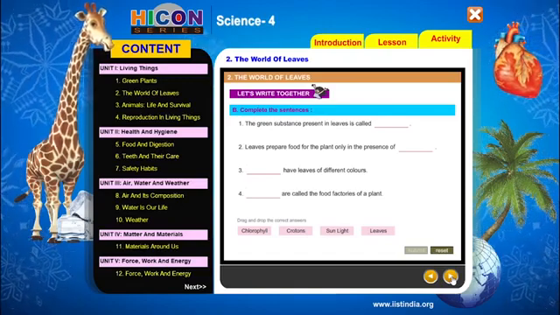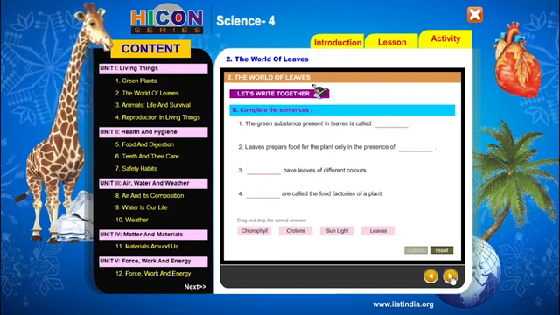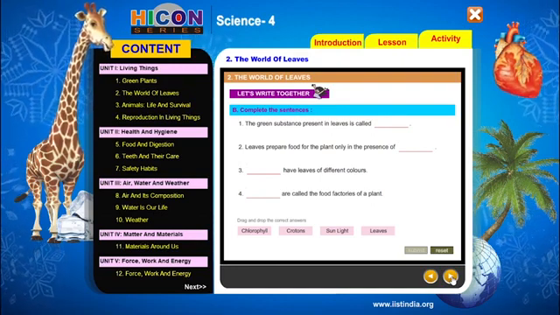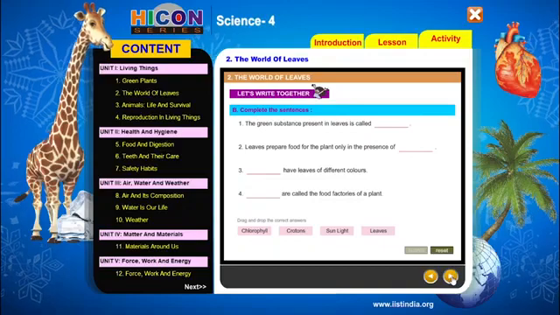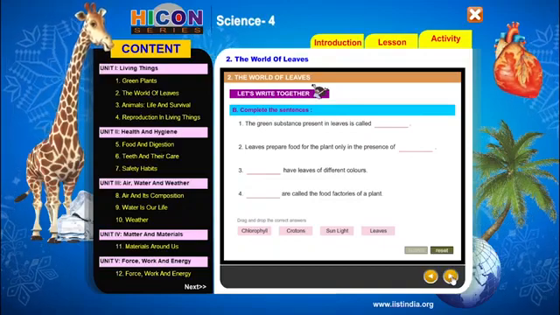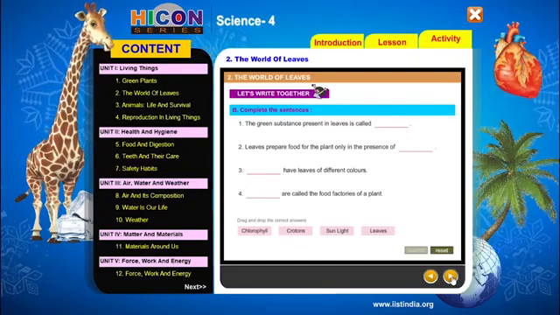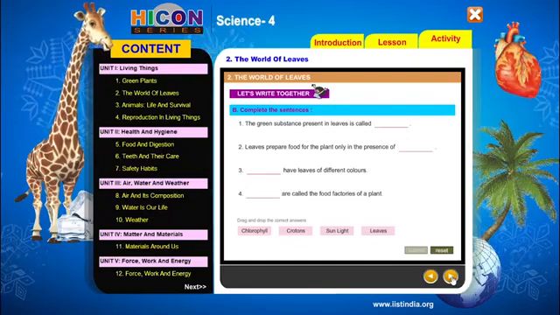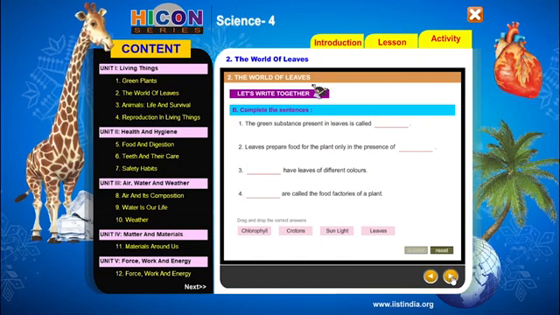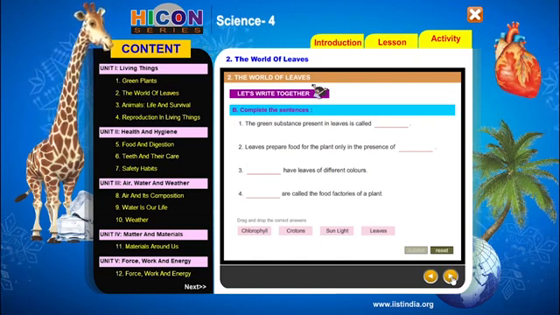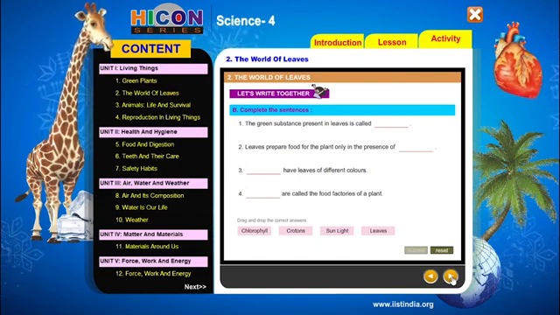So the first sentence is, the green substance present in leaves is called dash. So children, can you answer this blank? Which substance causes the green color for the leaves? Could you find that green color substance among the given answers?